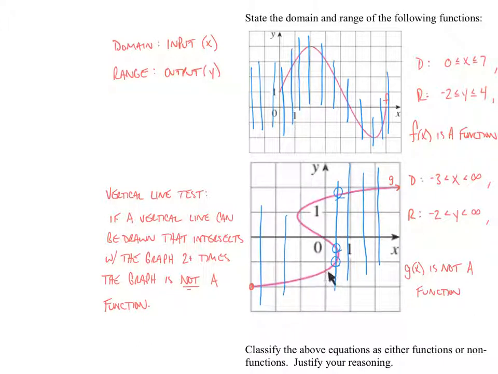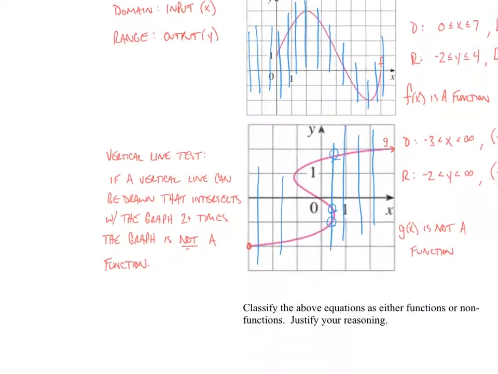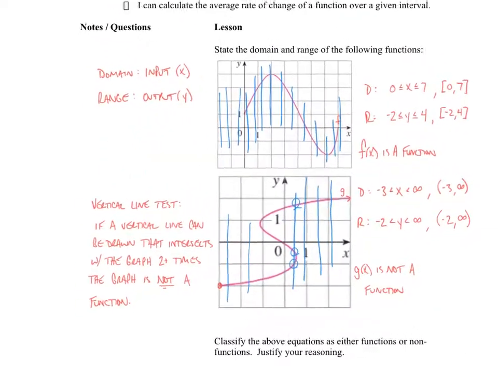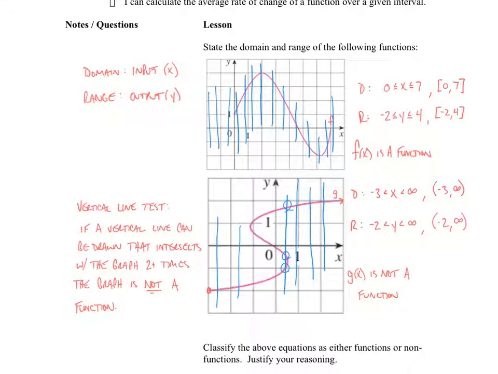Maybe it'll be negative 1.4. I don't know. I do know that if I plug in a 2, it looks like I get an output of around 2. That I can count on. But there are some inputs that I can't count on, so it's not a function. All right? So the vertical line test is how we can figure that out when it's graphed.